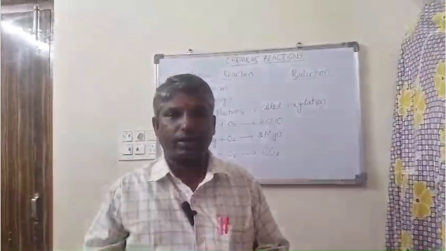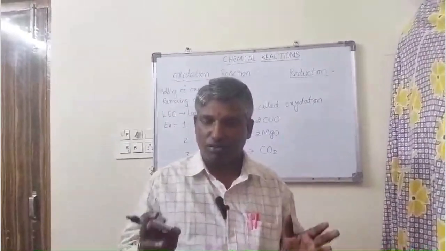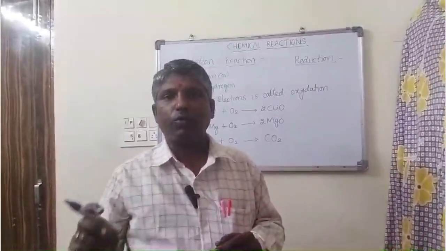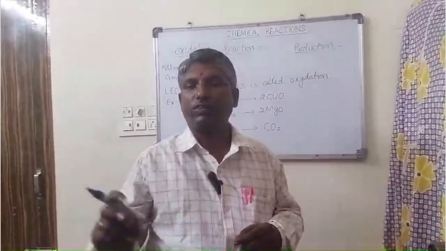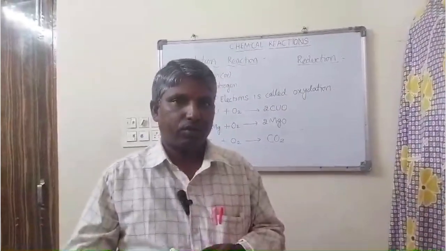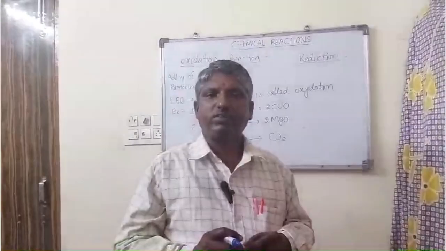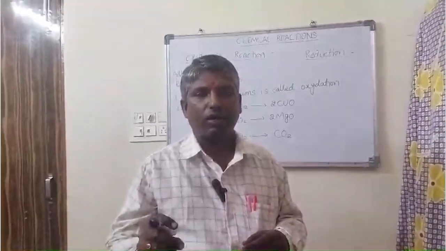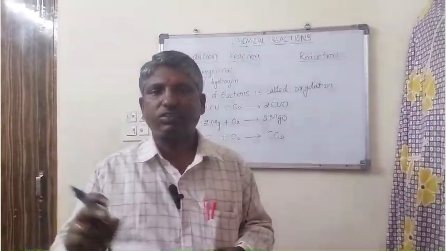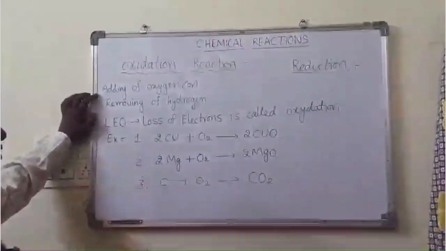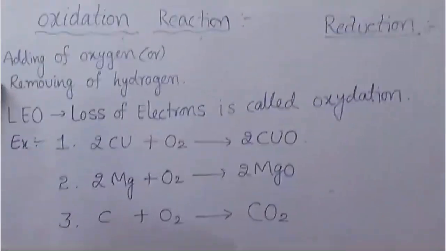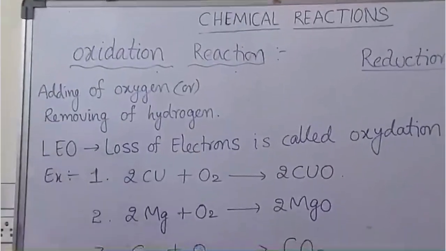In any chemical reaction, adding of oxygen or removing of hydrogen, such reactions are called oxidation reactions. Generally, oxidation reactions occur with the use of oxidizing agents. Oxidation: adding of oxygen or removing of hydrogen.